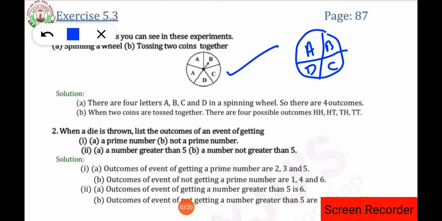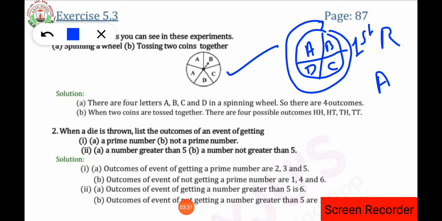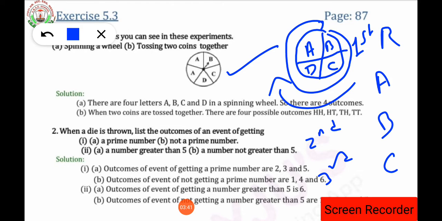Clear, students? If we rotate it one time, the first rotation in a clockwise direction, maybe the alphabet A is observed. In the second rotation of this wheel, maybe the alphabet B is observed. In the third rotation maybe the alphabet C, and in the fourth rotation maybe the alphabet D comes, isn't it?